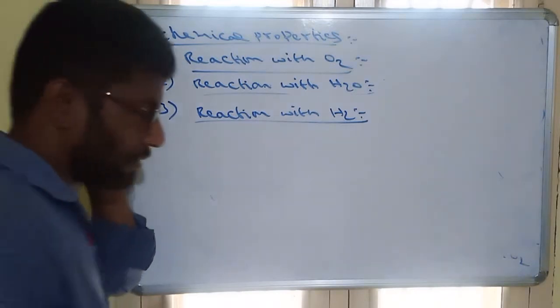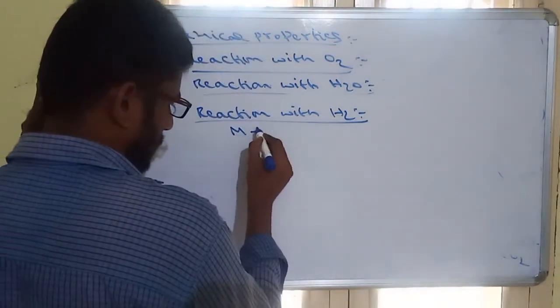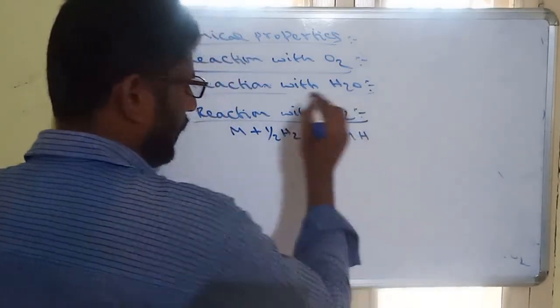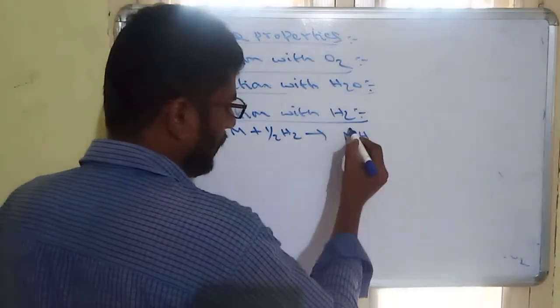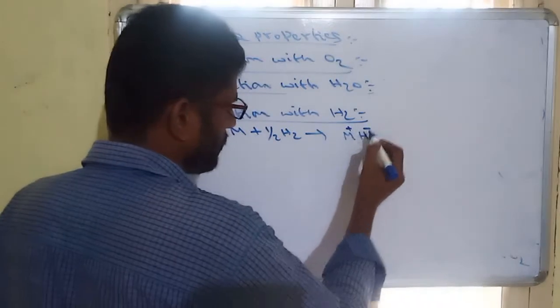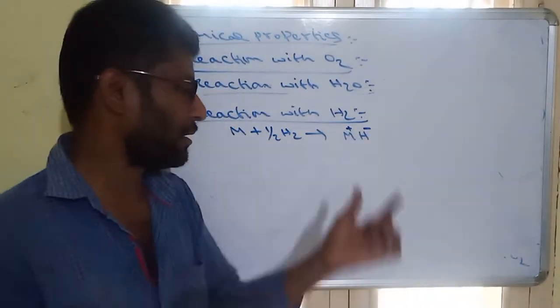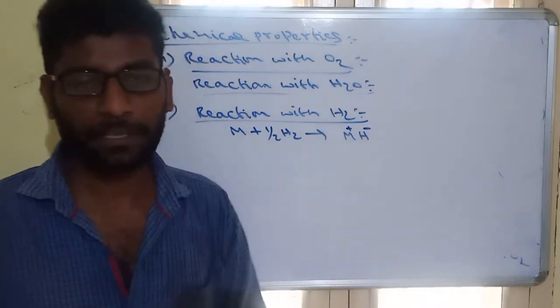Alkali metals combine with hydrogen to produce MH, metal hydride. In this metal hydride, M has the positive charge and hydrogen has the minus charge. Whenever hydrogen combines with an S block element, these are called ionic hydrides.